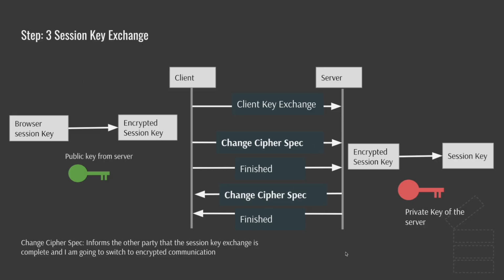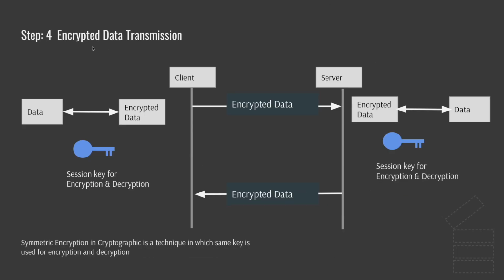Now we'll see how the data exchange actually happens. Step 4, encrypted data transmission. The session key is used to encrypt the data on the client side, and the encrypted data reaches the server, and the server uses the same session key to decrypt the data to obtain the original data.